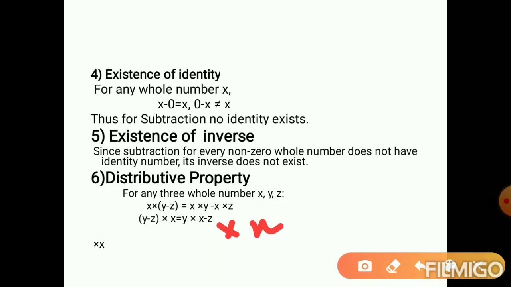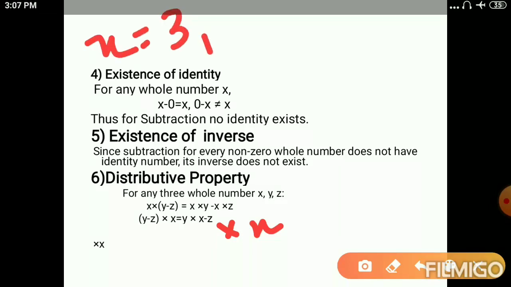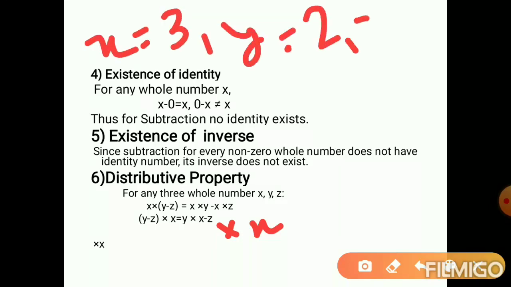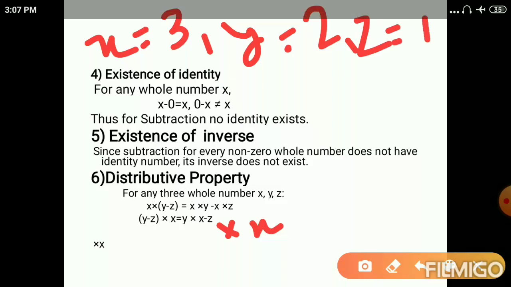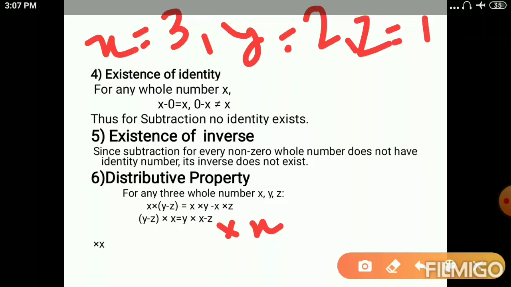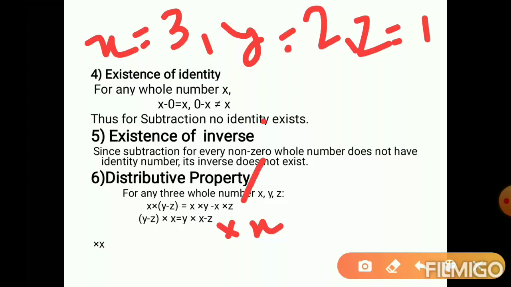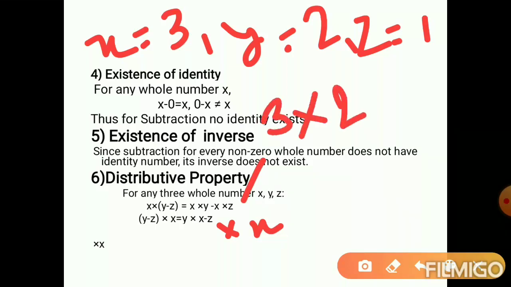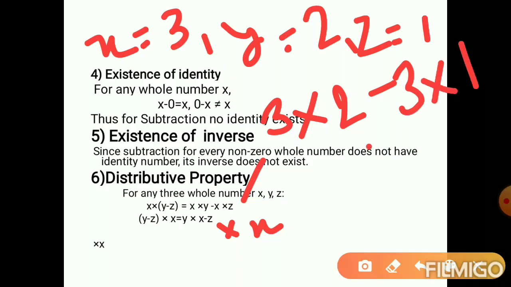Suppose I have x is 3, y is 2 and z is 1. So I'm placing the values here, x into y, so 3 into 2, minus x into z, 3 into 1. 3 into 2 is 6, minus 3. My answer is 3.